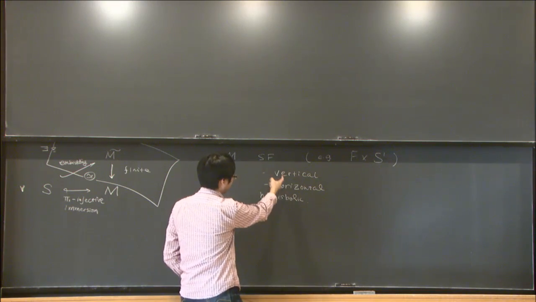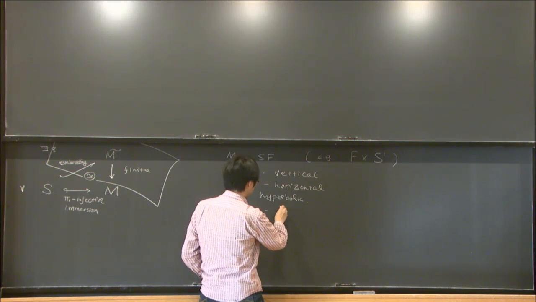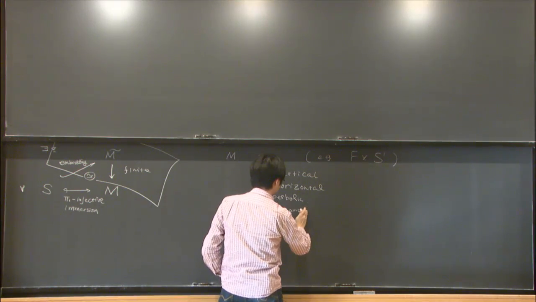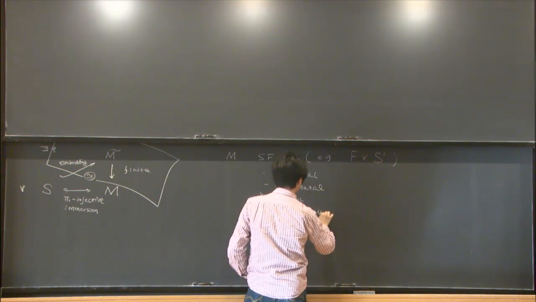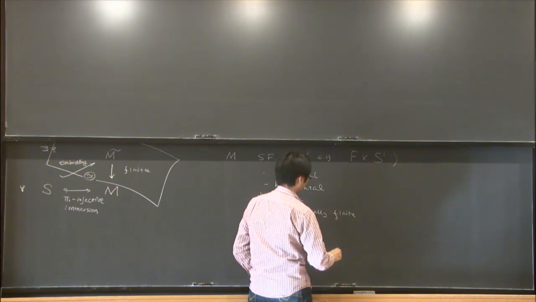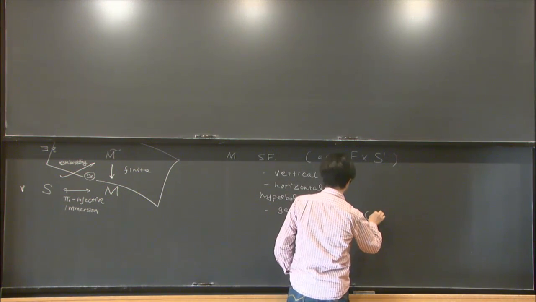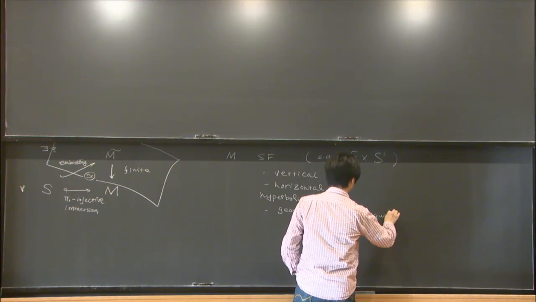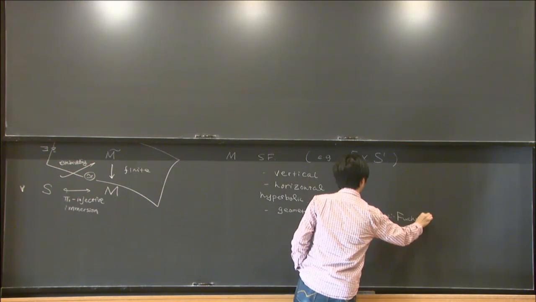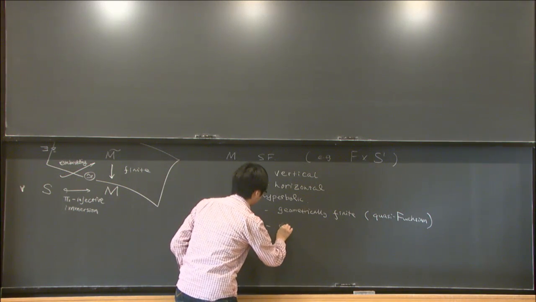So instead of vertical and horizontal, you actually have surfaces to be classified either geometrically finite, or actually in 3 dimensions, that would just mean the surface is a quasi-Fuchsian immersed subsurface.